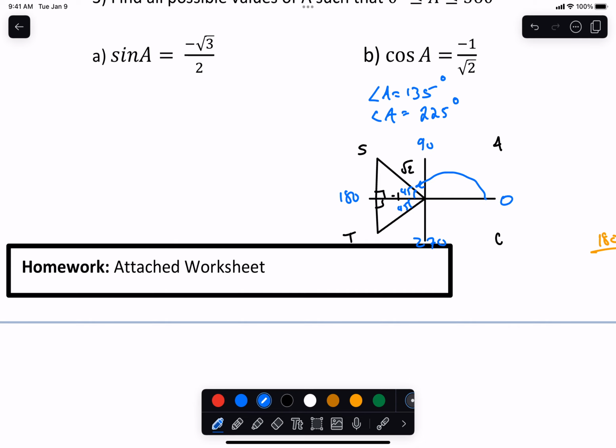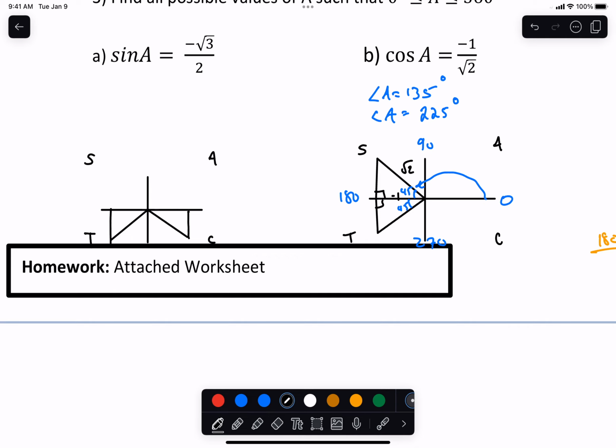Okay, again, draw yourself a grid. Where is sine negative? T and C. Okay, I see a root 3.